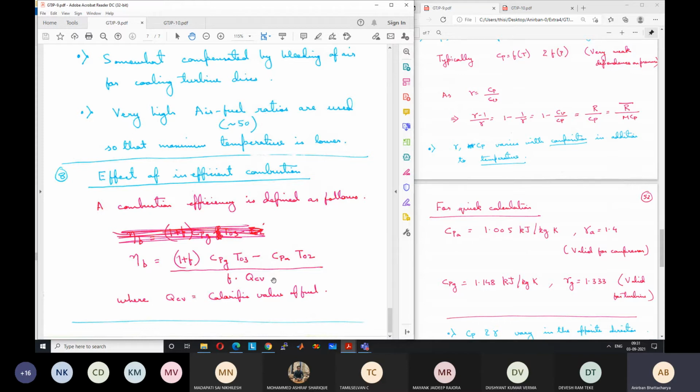Generally, when we start calculating, we start from the intake, compressor process, combustion process, turbine, nozzle, like this. In this case, nozzle is not there because we are studying an industrial turbine. So compressor, combustion chamber, turbine, like this we go.